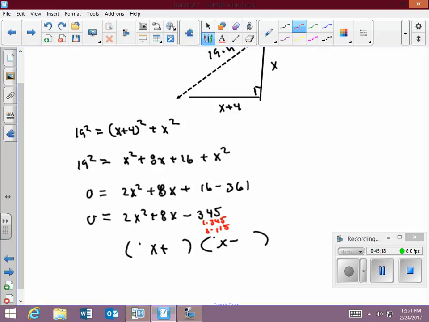Those factors are too far apart, so it's not going to equate to 8. It'd be like 10 and something.